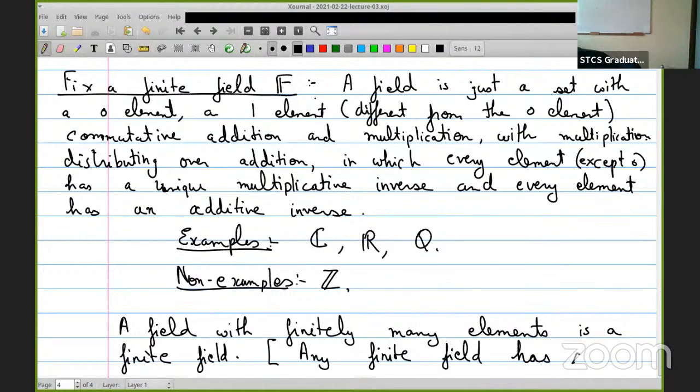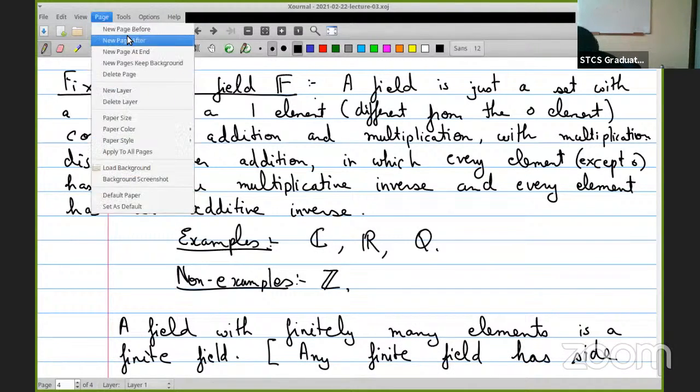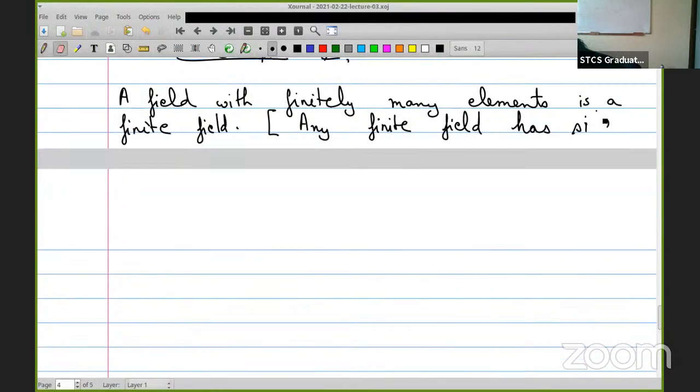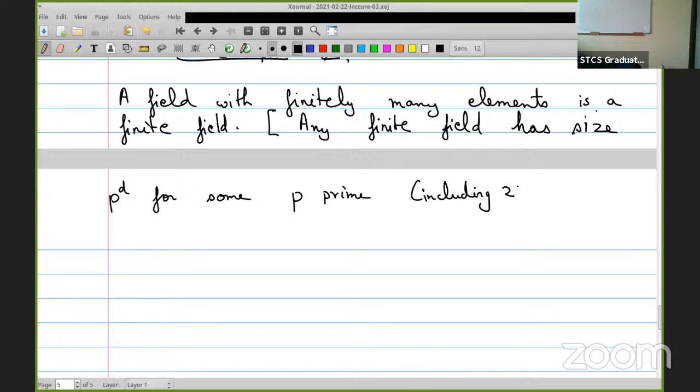has size p to the d for some p prime, including 2, not just odd, and d a positive integer.